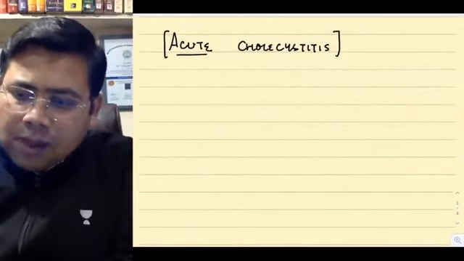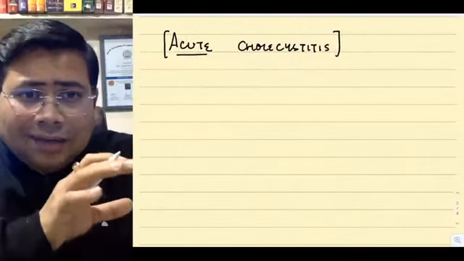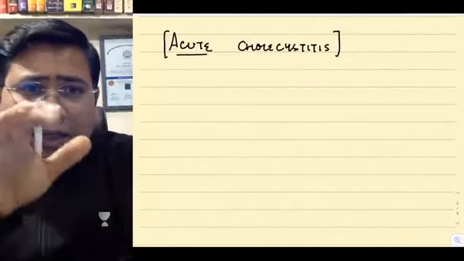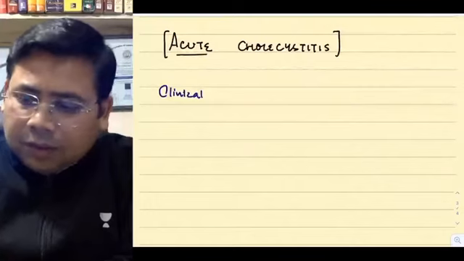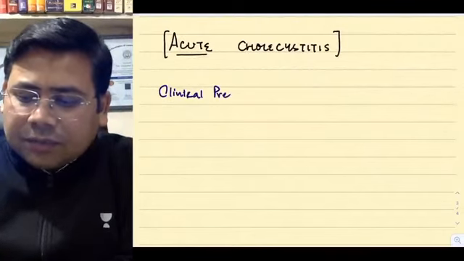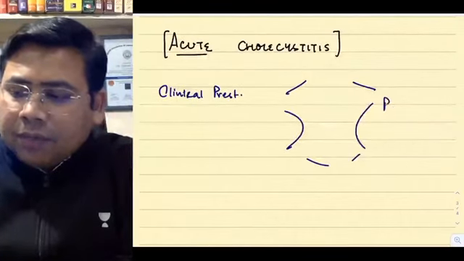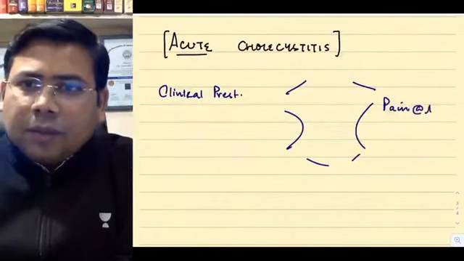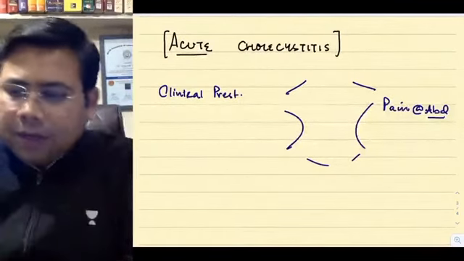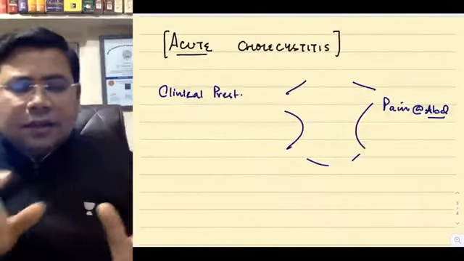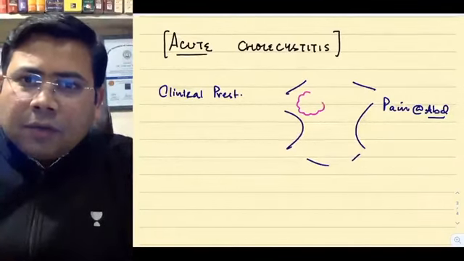Let us talk about the diagnostic criteria for acute cholecystitis. What are these patients classically presenting with? If you talk about the clinical presentation, students, the classical clinical presentation is pain in the abdomen. The classical localization of the pain is right upper quadrant pain.